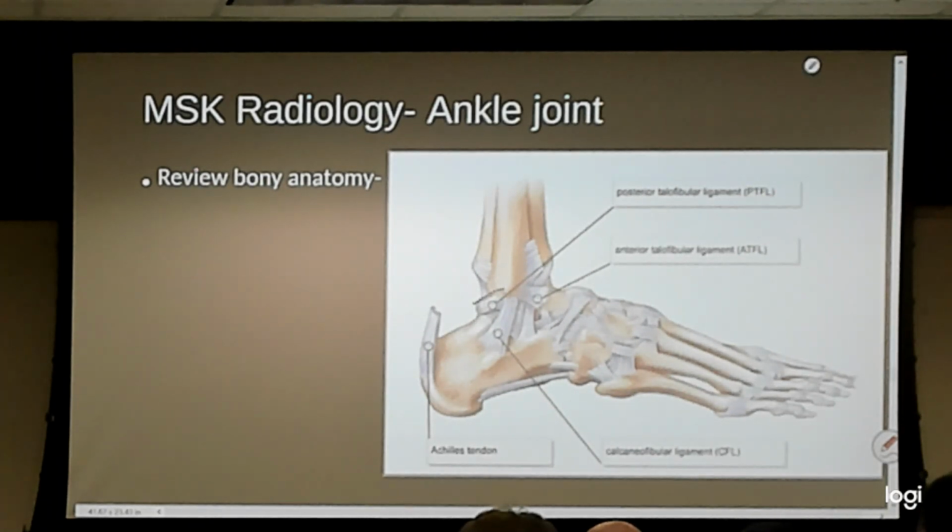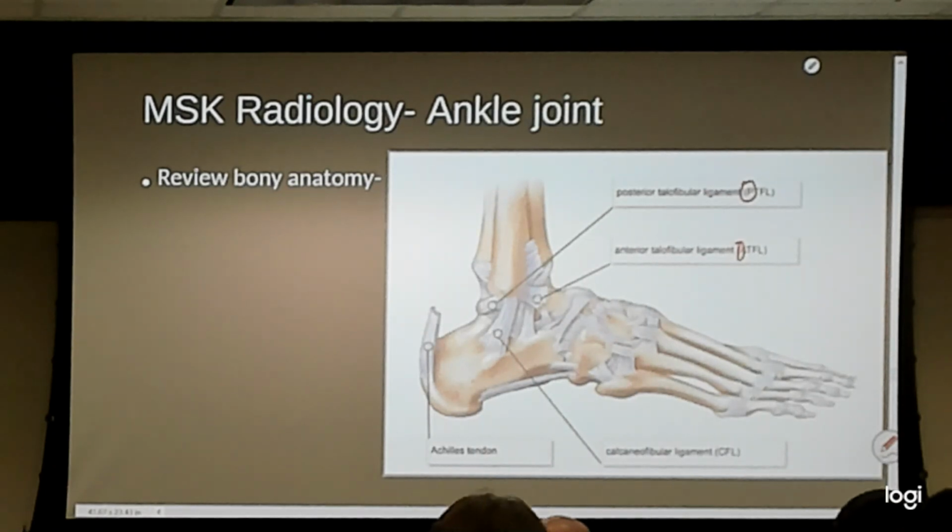They attach the fibula to the talus, the fibula to the calcaneus, and the fibula to the talus anterior. So posterior and anterior talofibular ligaments with the calcaneofibular ligaments. When we talk about ankle sprains, I'll walk you through in what order these tend to disrupt. It's predictable.